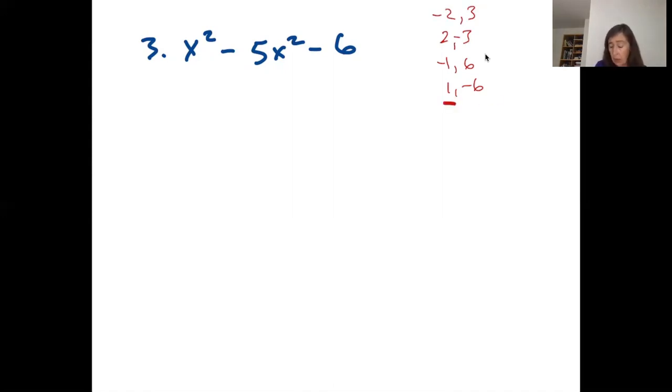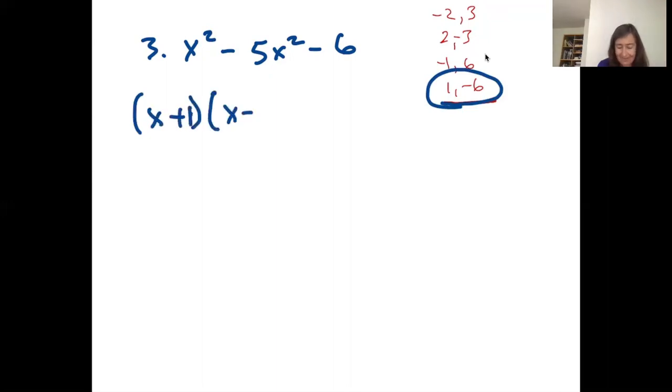So it's this one, negative 6 and positive 1. That's what I'm going to guess. I'm going to guess x plus 1 times x minus 6.